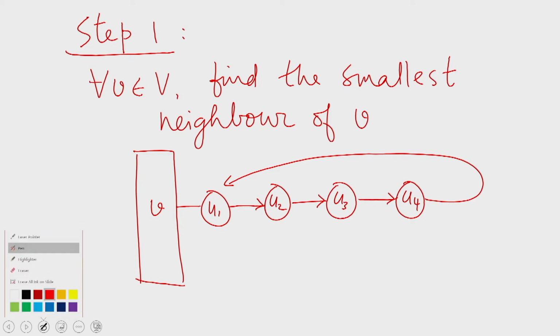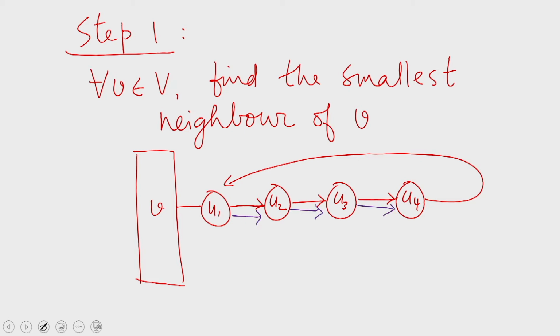That can be done by making a copy of all these pointers and then doing pointer jumping using these new pointers, which are marked blue in color. So we do pointer jumping using the blue pointers, and when the pointer jumping is over, finally we will have the smallest value here.